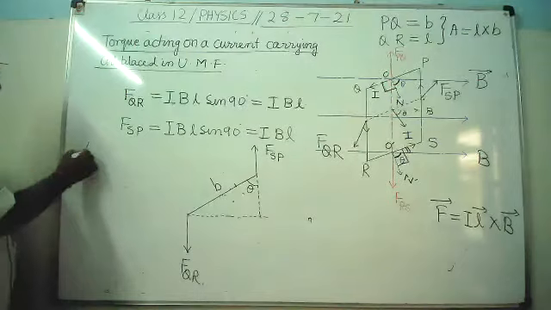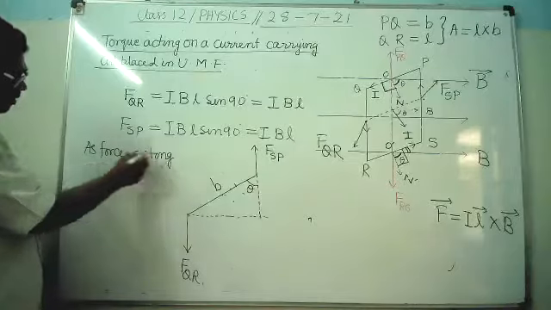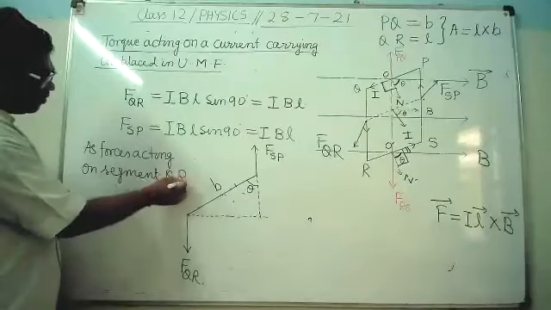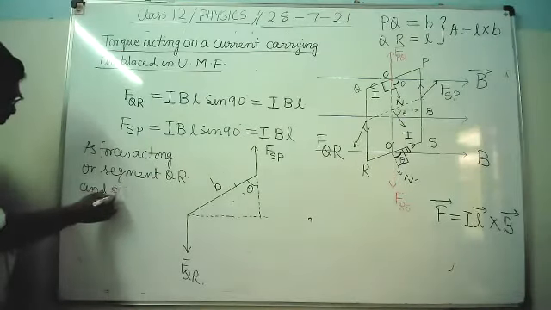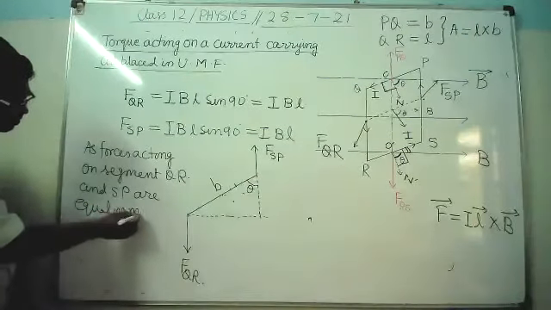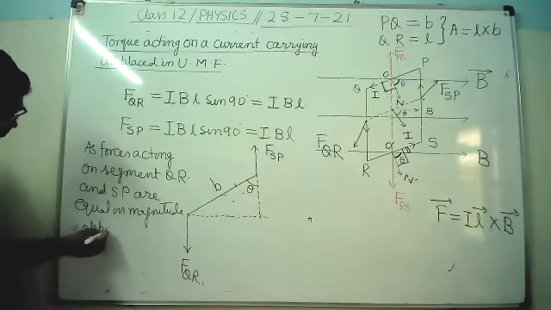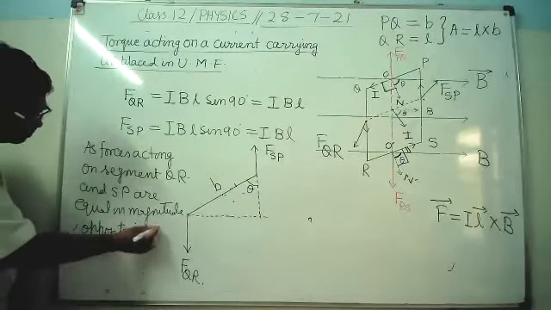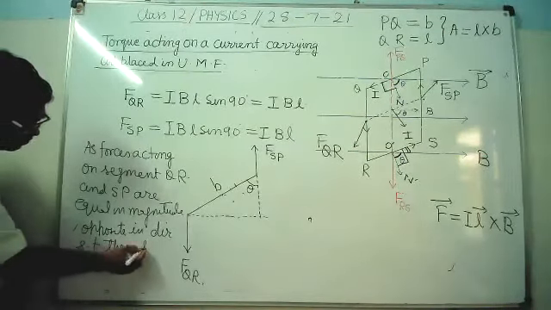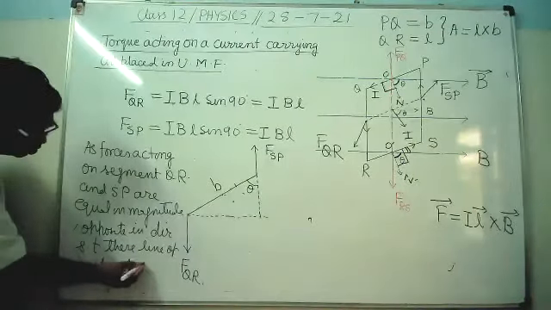So see here, the forces acting on segment QR and SP are equal in magnitude, opposite in direction, such that their lines of action do not coincide.